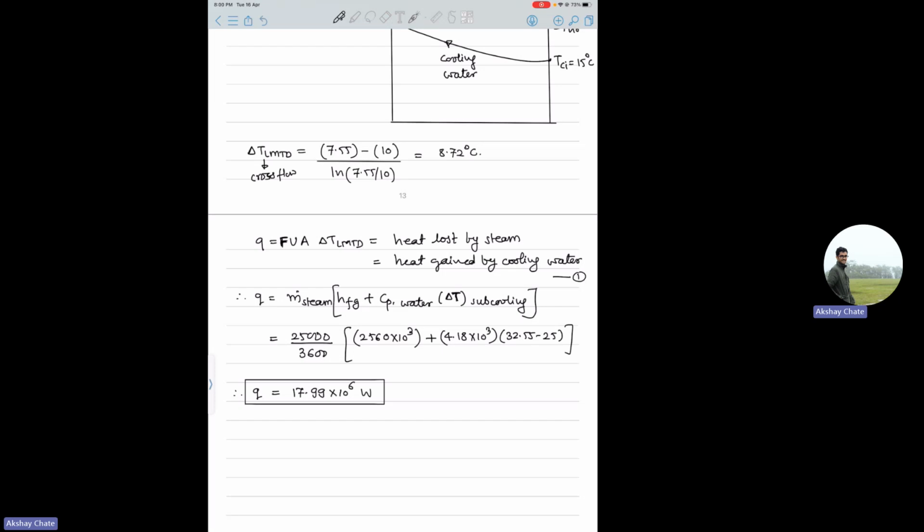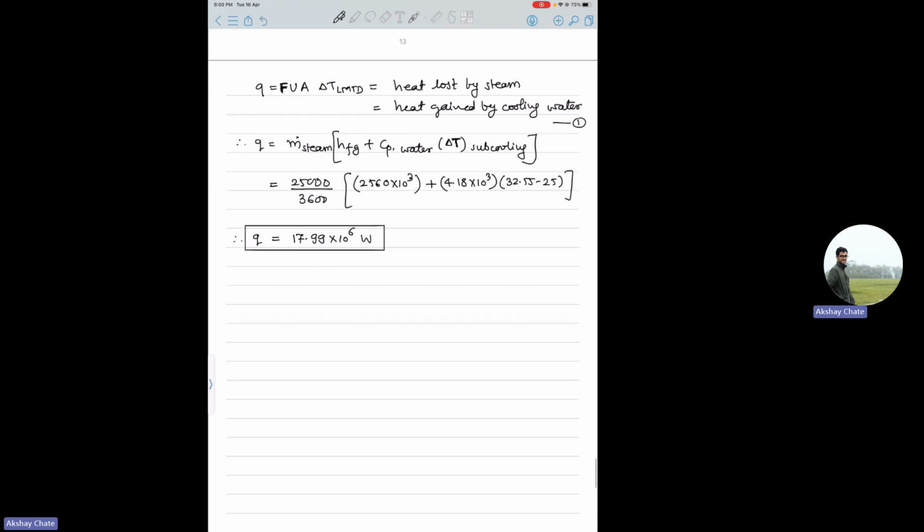Therefore they have given a correction factor. So that also you have to multiply. Either you multiply LMTD here, or you can multiply at the Q level, whichever is convenient. But this is again equal to heat gained by cooling water, right?